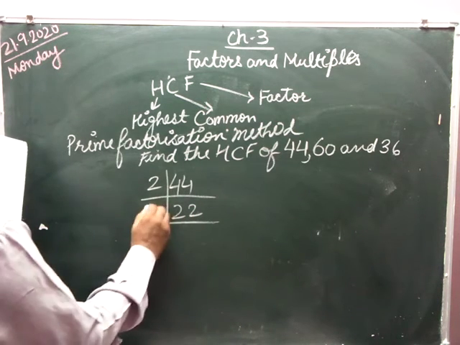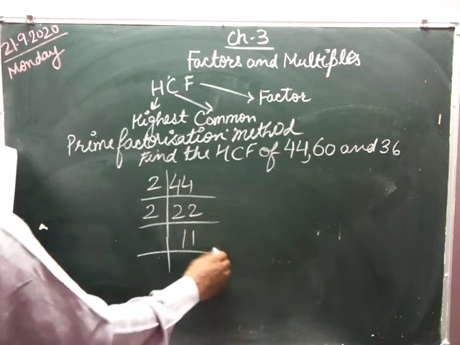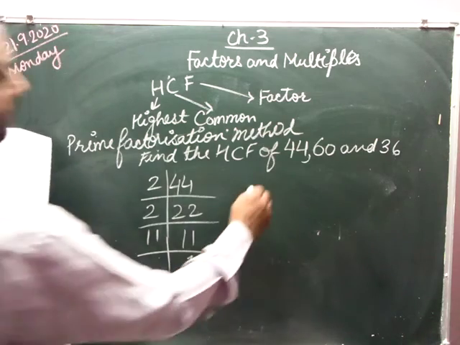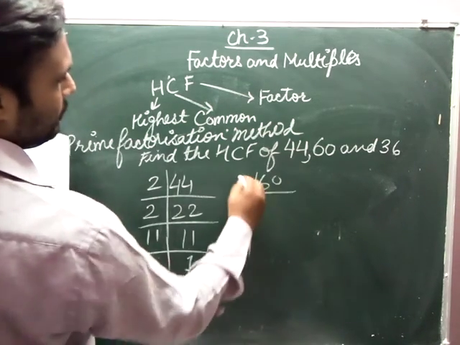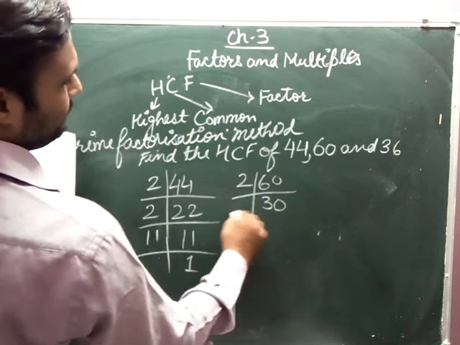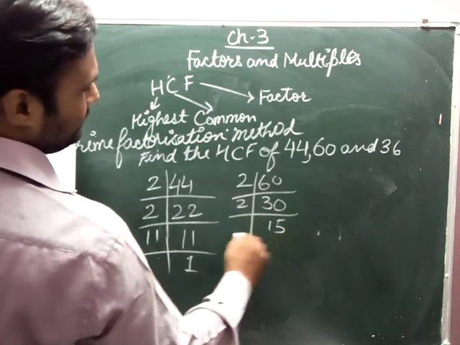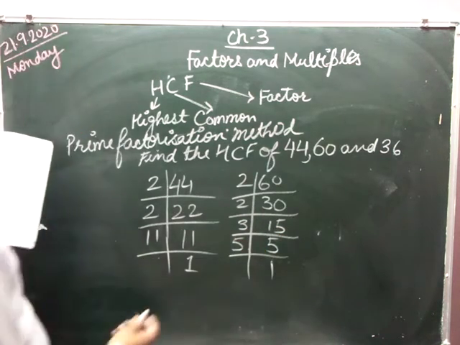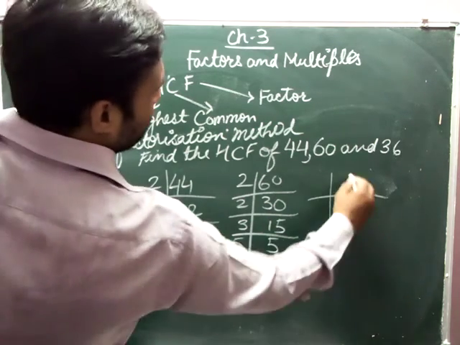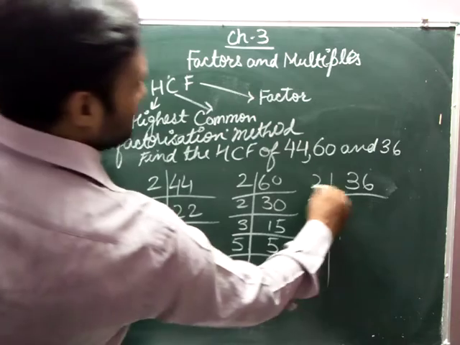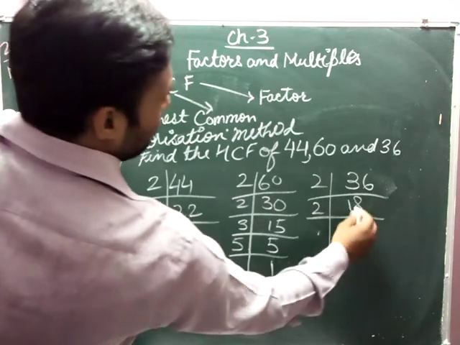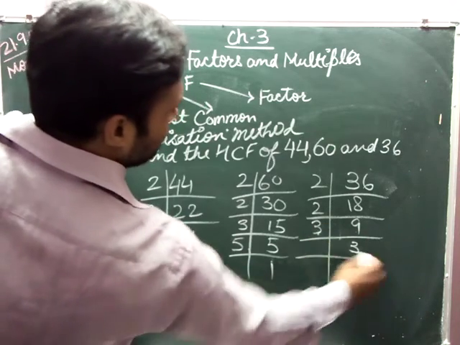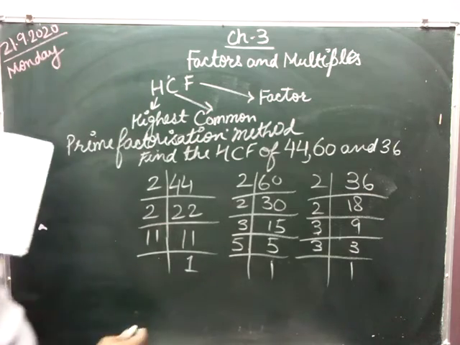Again 22 is divisible by 2, we got 11. 11 is a prime number, divisible only by itself, so the answer is 1. We take 60, divisible by 2, 30. 30 again divisible by 2, the answer is 15. 15 is divisible by 3, the answer is 5. 5 is divisible by itself because it is a prime number. Next is 36, divisible by 2, we got 18. 18 is divisible by 2, we got 9. 9 is divisible by 3, we got 3. 3 is divisible by 3, we got 1.